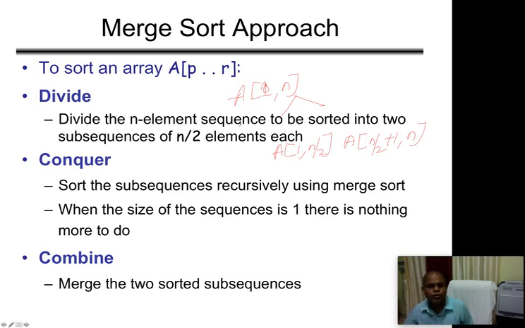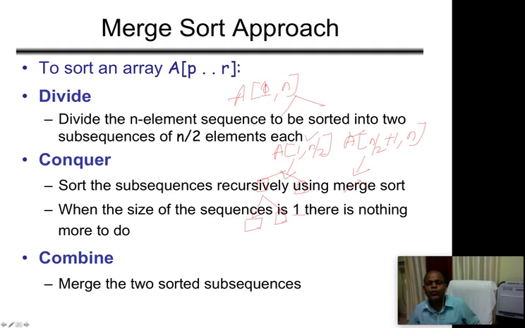Now these two sub-arrays will be sorted, using the same method. That means they will be divided again and again, and this division will go on until the array becomes an individual element. Once the array becomes an individual element, it contains one element, hence it is by default sorted.